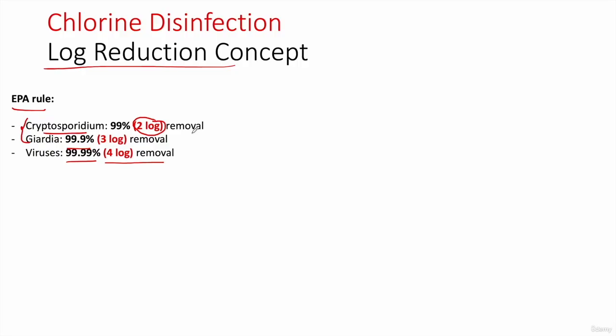This is why it is not really feasible to use chlorine. This is why we will see later on that we base our chlorine design on the removal of Giardia lamblia, on this 3-log removal of Giardia.